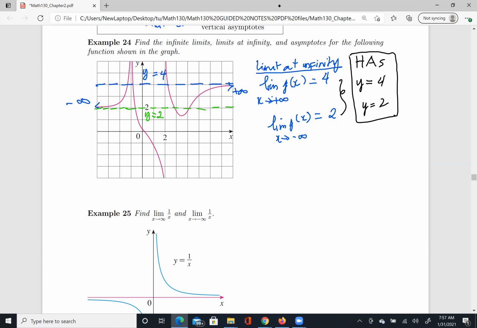Okay, now what about the question like, does the function go up to positive or negative infinity, right? So we're actually going to try to find the vertical asymptote.